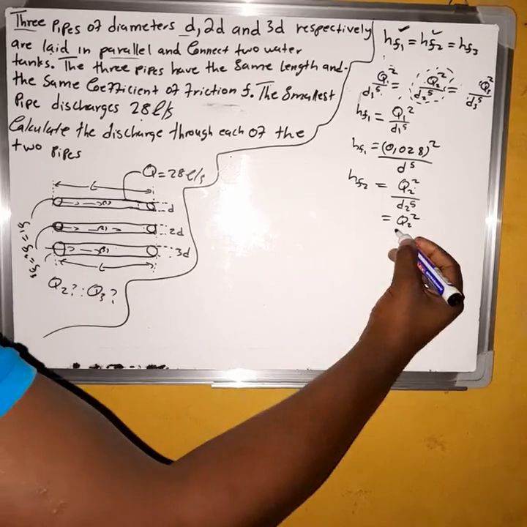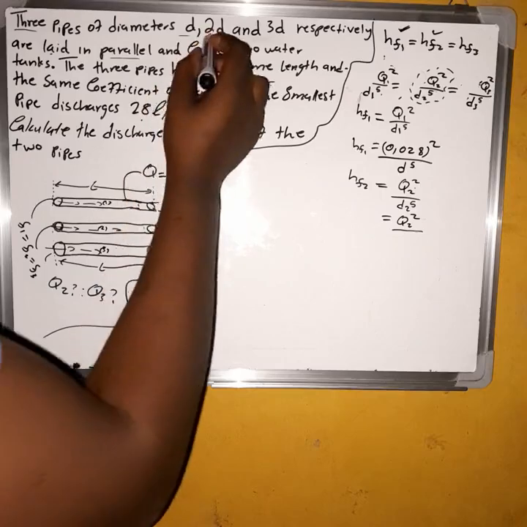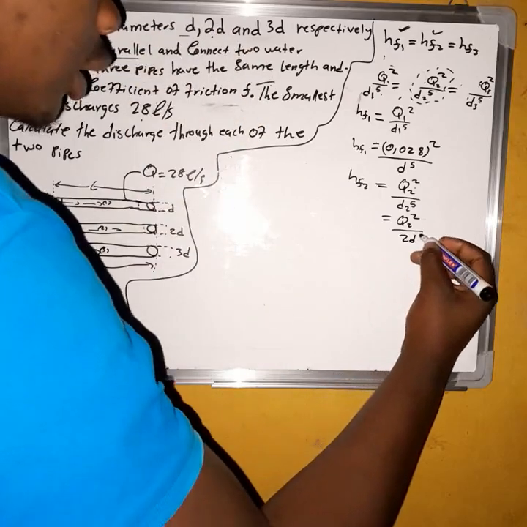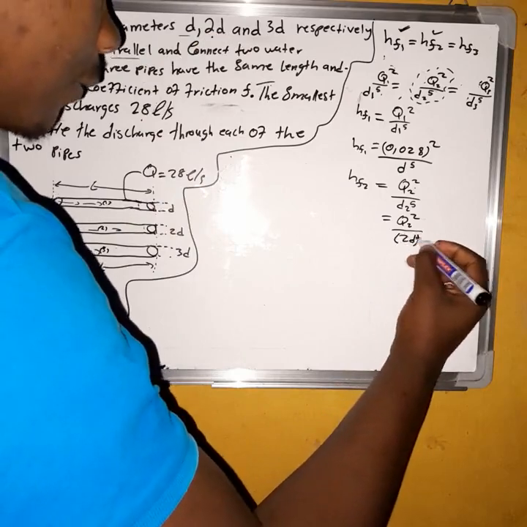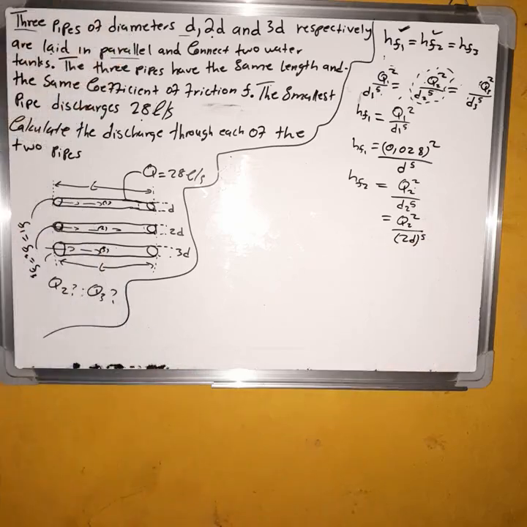Also, this will be over diameter 2, which is 2D. This will be 2D raised to the power 5, all of them. It's maths, you square all of that, right? Still we don't know, it's fine.